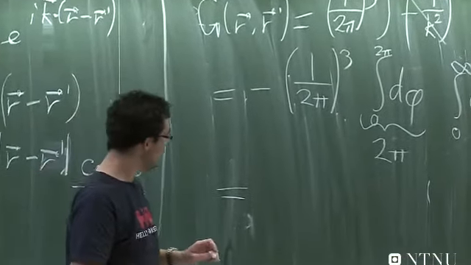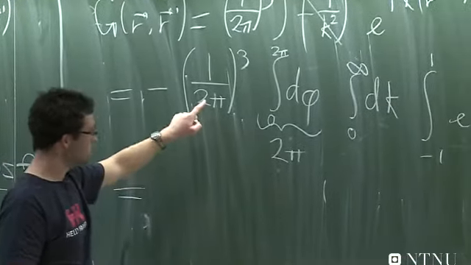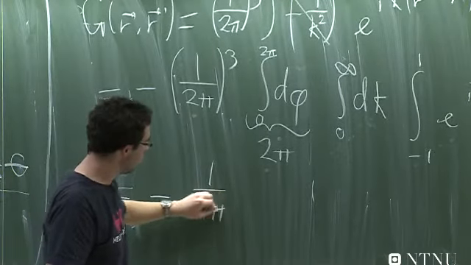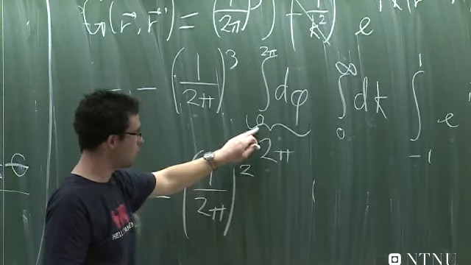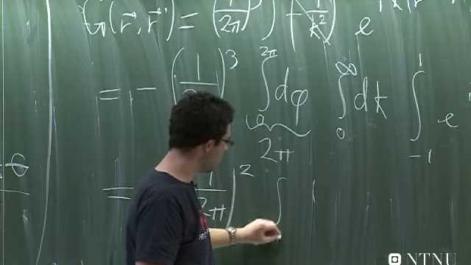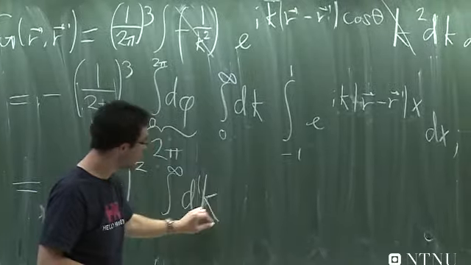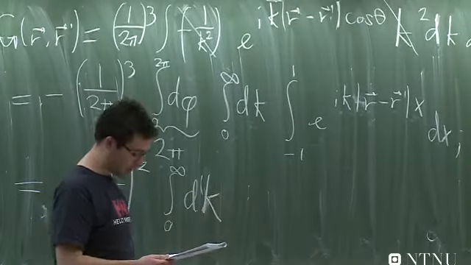Good. So we got out a 2 pi here, which gets us rid of 1 here. It's 1 over 2 pi to the power 2. The phi integral is gone. We're still left with 0 to infinity dk. And this integral was quite easy.